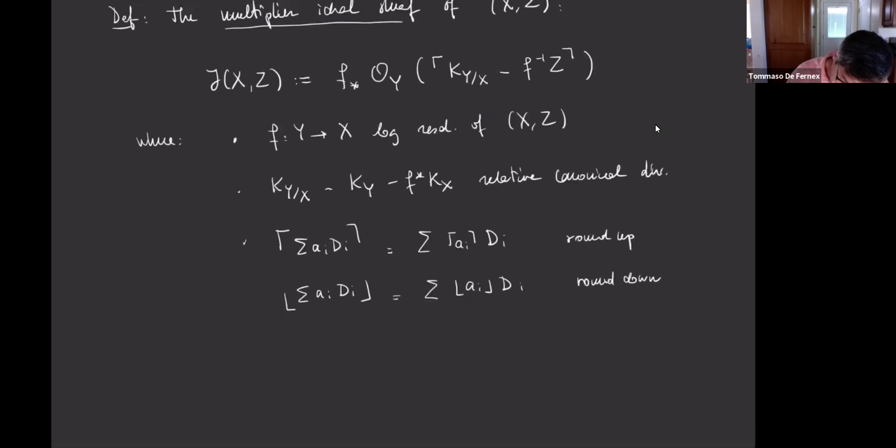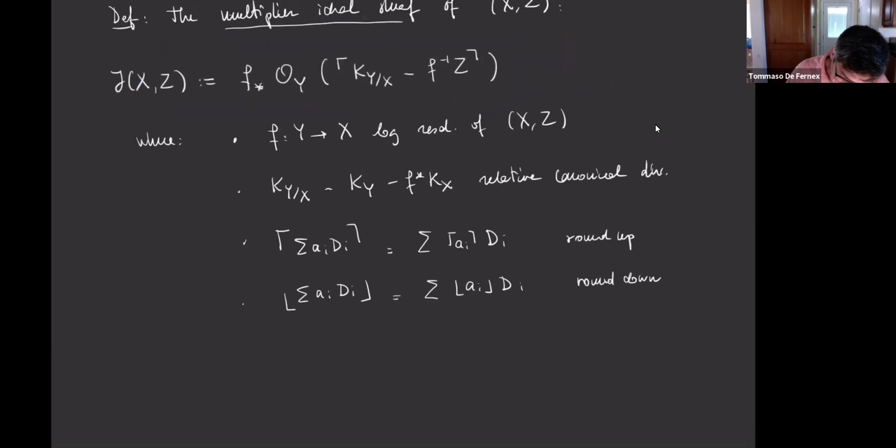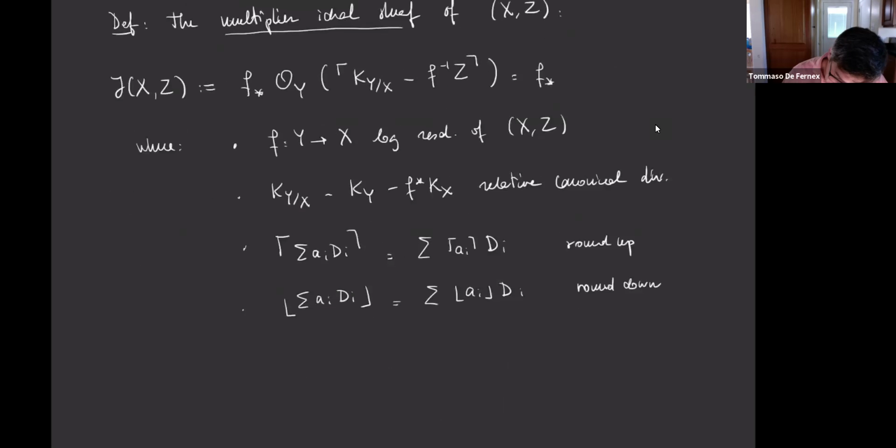The round down does not appear in the definition, but in fact, I can write it here. Sometimes it's convenient to think about this by bringing the minus inside and pulling it outside, and then a round up goes to a round down, of course, when you bring a minus sign.